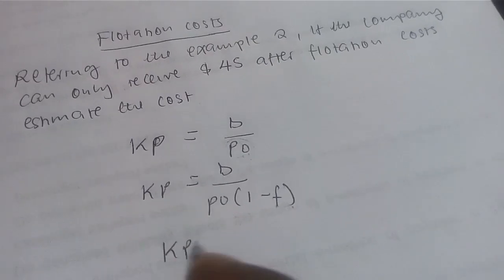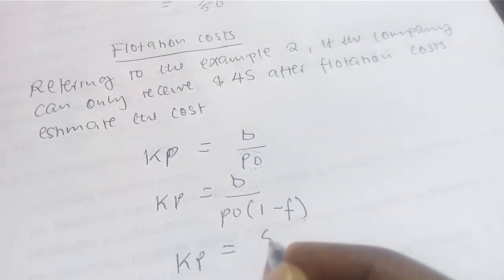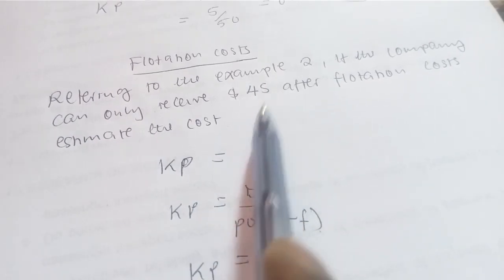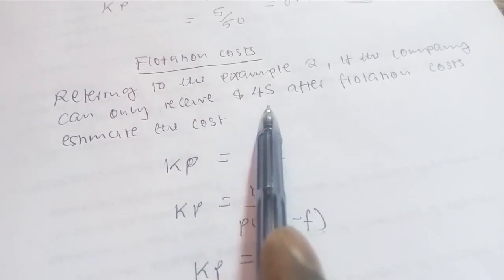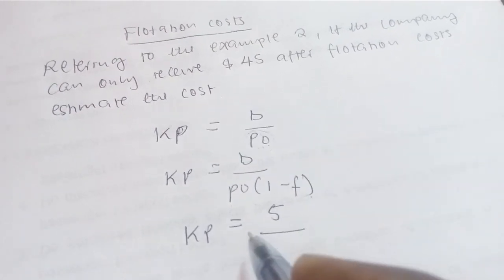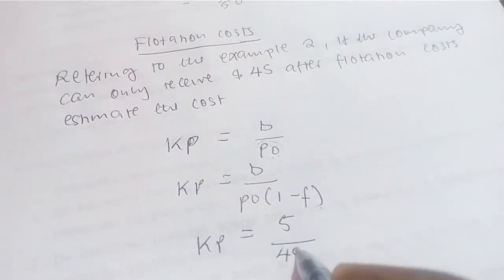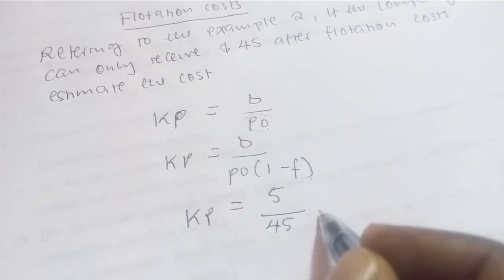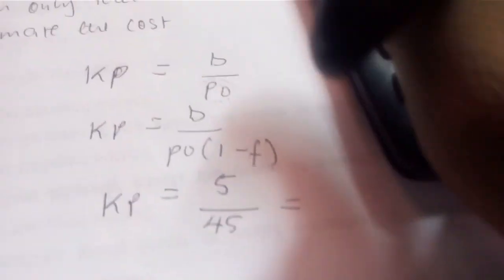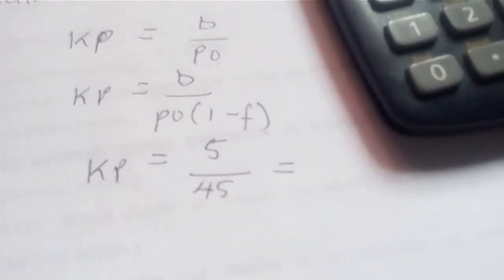So the cost of this preferred stock will be the same dividend 5 over, but instead of using the 50, we have to use the 45 because this is the amount that we receive considering the flotation cost. So it will be 5 over 45. Then if we do some divisions here, what we get is 11.1%.